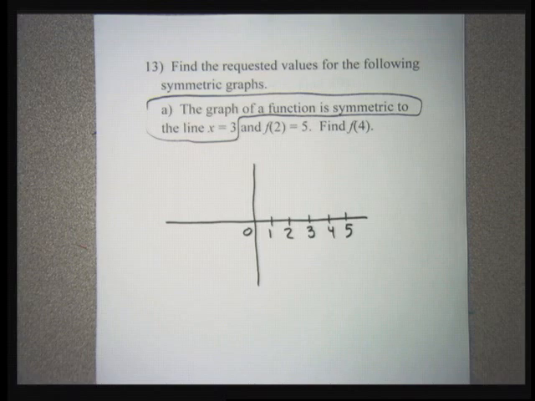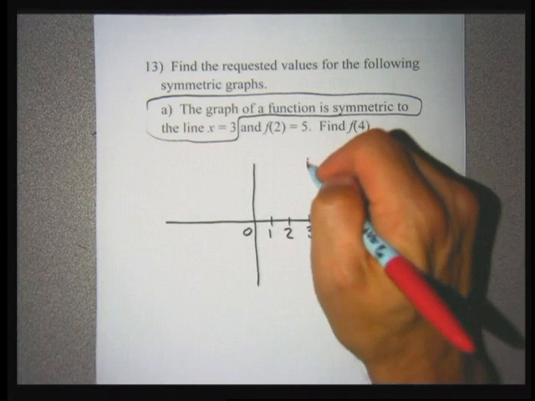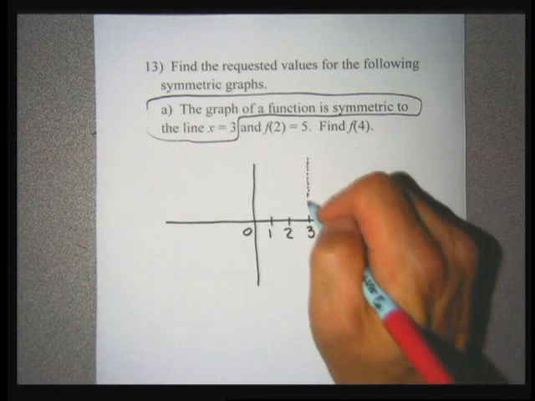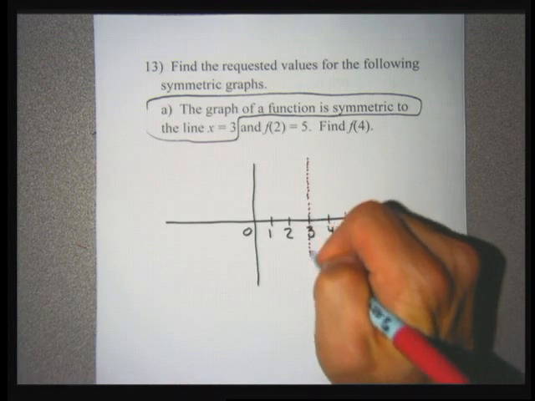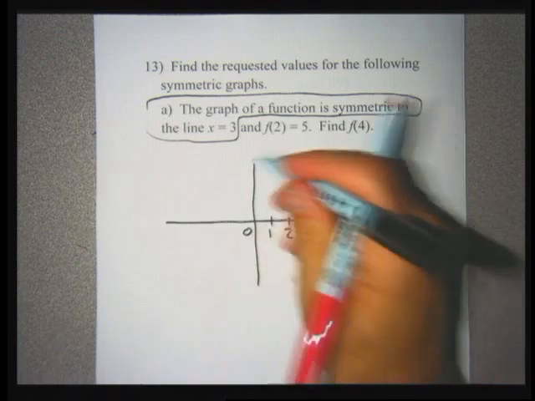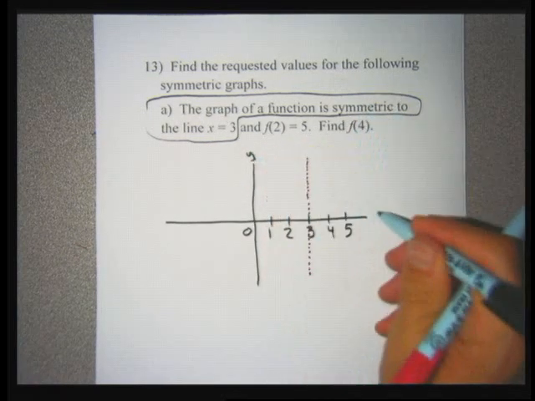So I'm going to draw the line x equals 3. I'll draw it as a dotted line just in case my red doesn't look different than my black, so it doesn't look like the y-axis, because I have a y-axis here and an x-axis there.